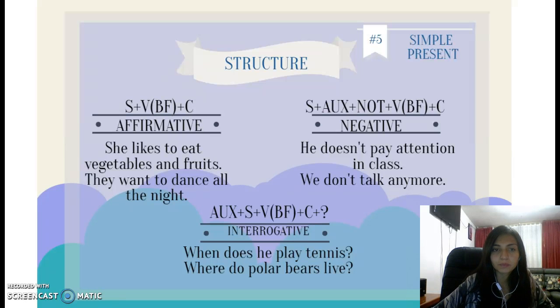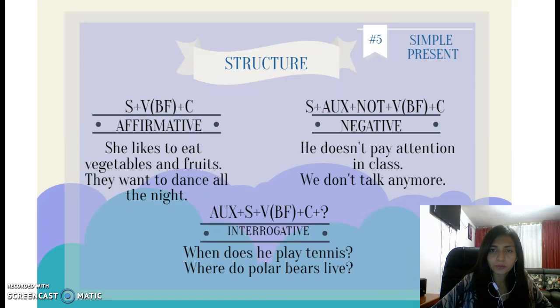The examples are, she likes to eat vegetables and fruits, and they want to dance all the night. As you know, we have to add an S when we are talking about an action that the third person carries out. For example, she, he, and it. It's not necessary when we use they, we, you, and I.